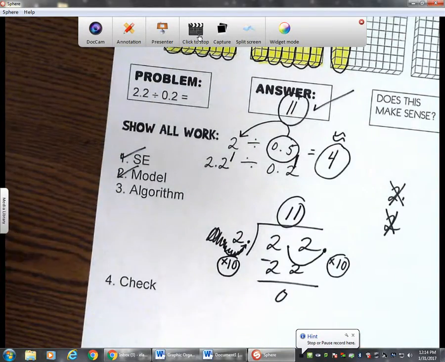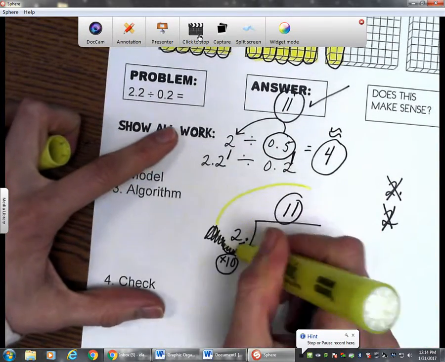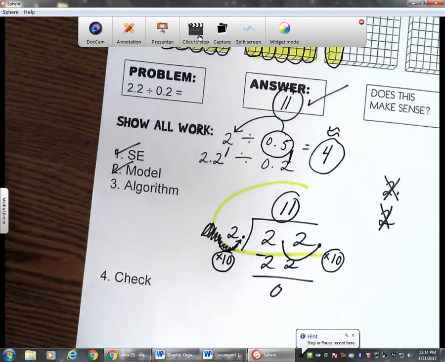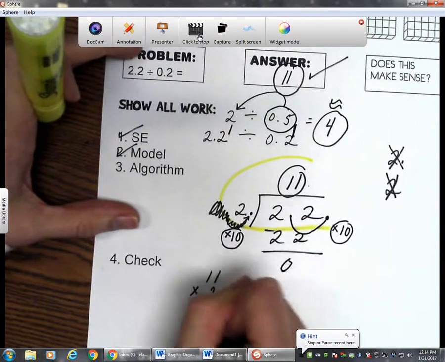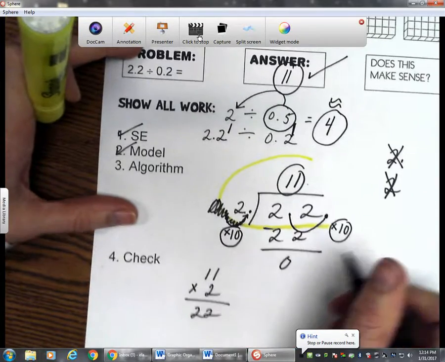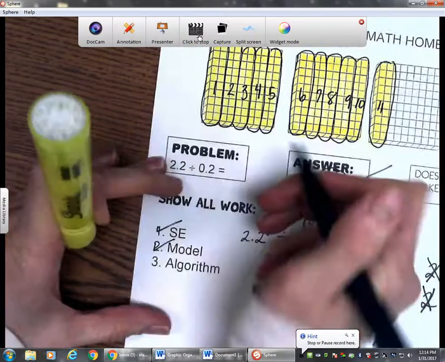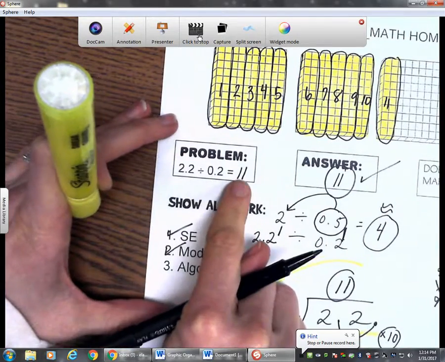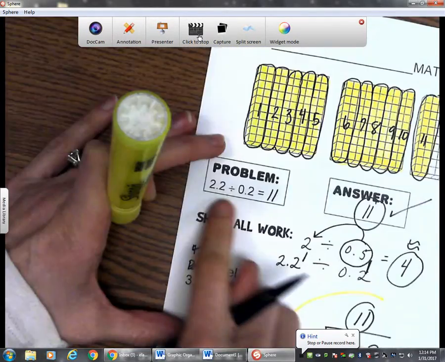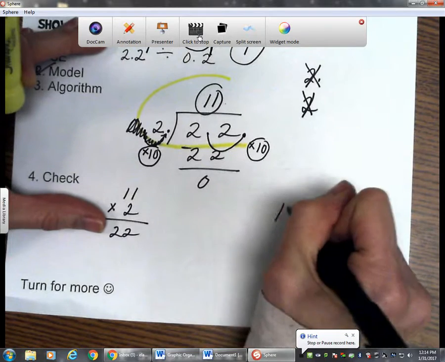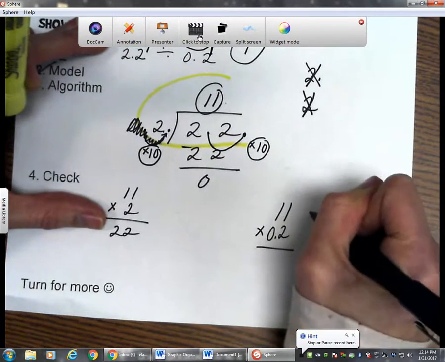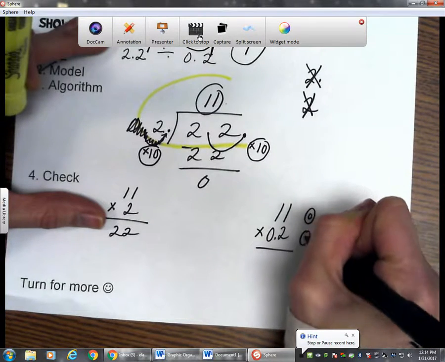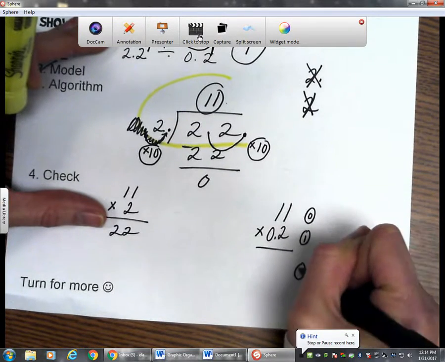And the last thing I'm going to do is use the check. So 11 times 2 equals 22. If you checked this instead, you could have checked 11 times 2 tenths, and it better equal 2 and 2 tenths. So 11 times 2 tenths: 0 places after the decimal, 1 place after the decimal, so 0 plus 1 is 1.